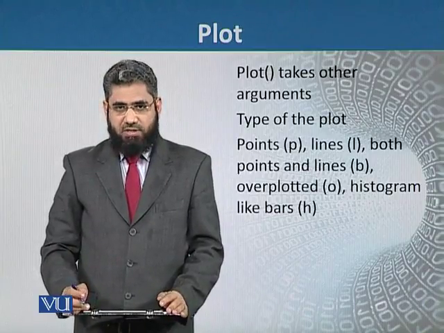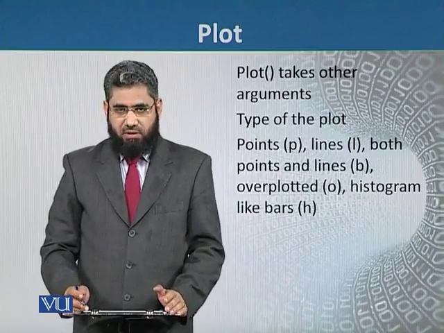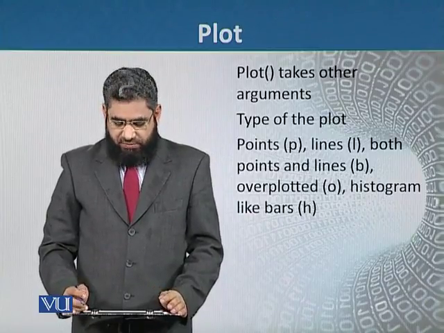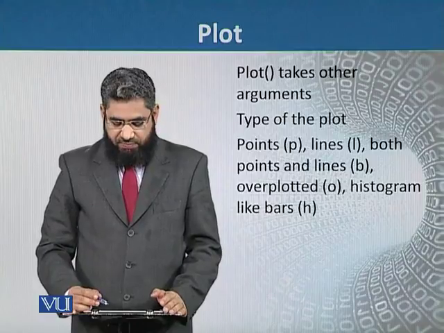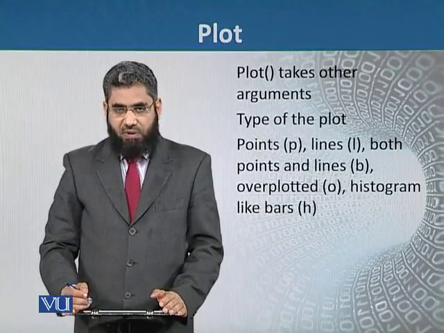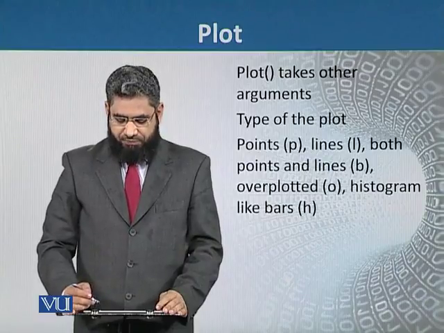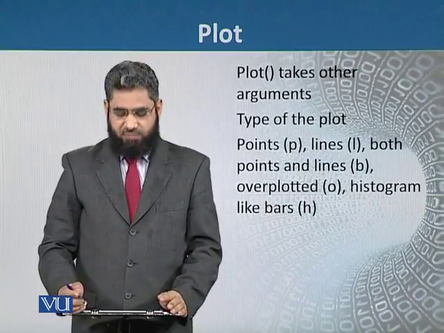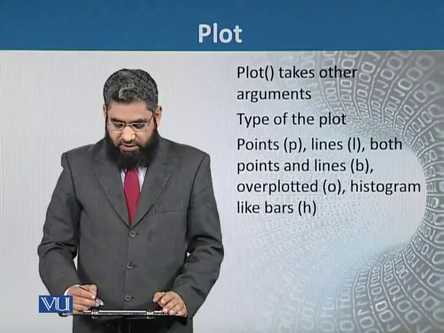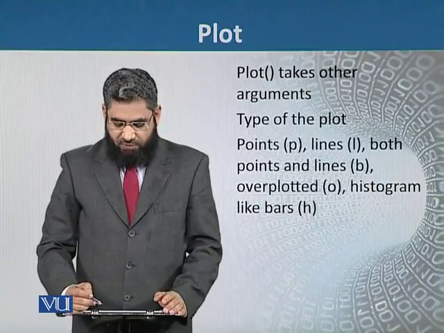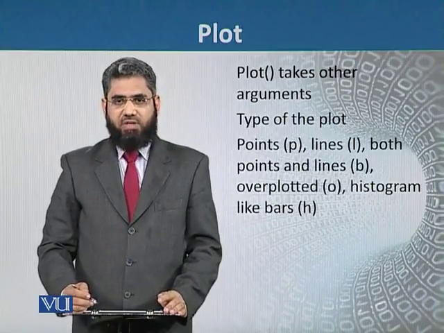Number one is point, which we represent with P. Another argument is line, represented with L. It means we can generate a line plot. And if it is both line and point, then it is written with B.